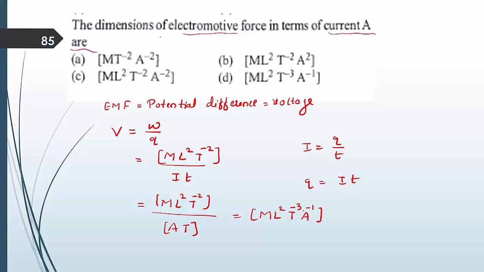This is the dimensional formula for electromotive force in terms of current A. Option D is the right answer.